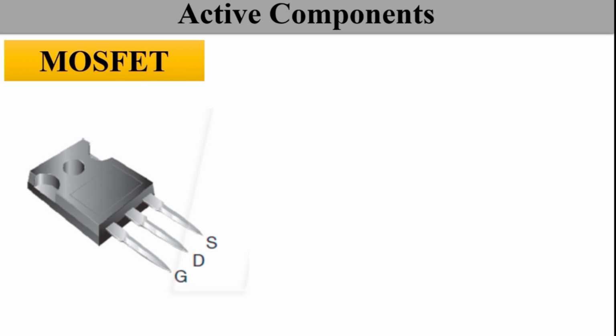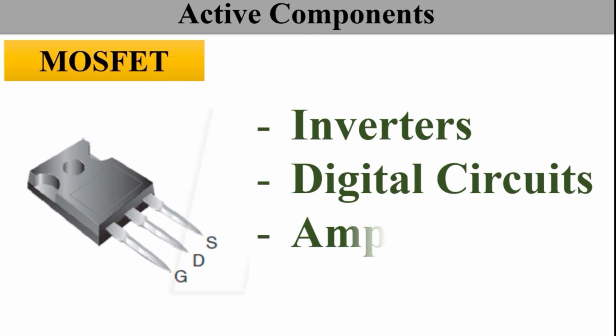MOSFETs also have 2 types, N channel and P channel MOSFETs. MOSFETs can be used in inverters. MOSFETs are used in digital circuits as well. These are also used in amplifiers.